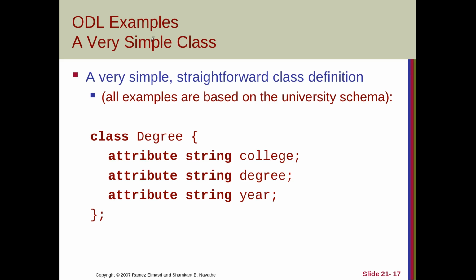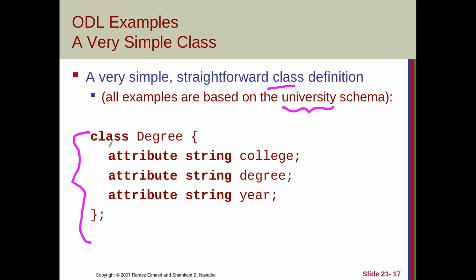Now we will see one very simple example of creating a class by using ODL language. We will see one class definition. It is actually used for creating a university schema, a university database.